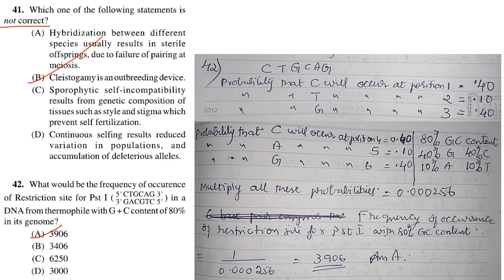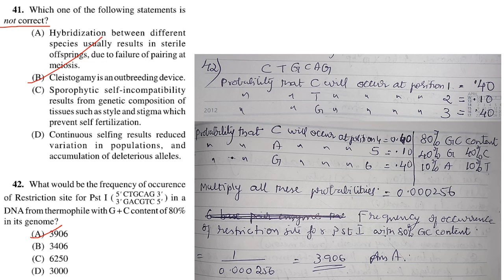Which one of the following statements is not correct? Hybridization between different species usually results in sterile offspring due to failure of pairing at meiosis. That's correct. Cleistogamy is an outbreeding device. Cleistogamy. What is cleistogamy or cleistogamous flowers? In cleistogamous flowers, the reproductive parts are enclosed within the petals and they are not exposed.